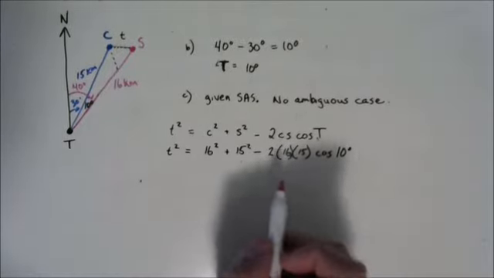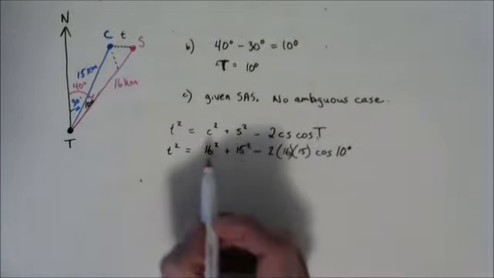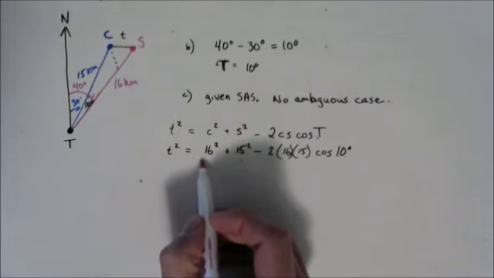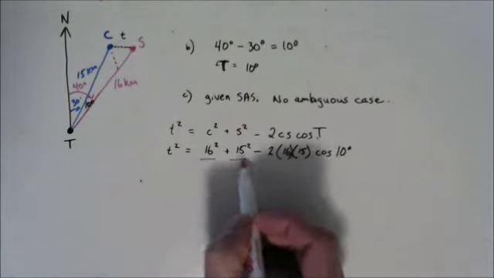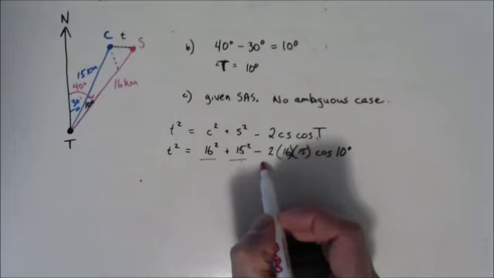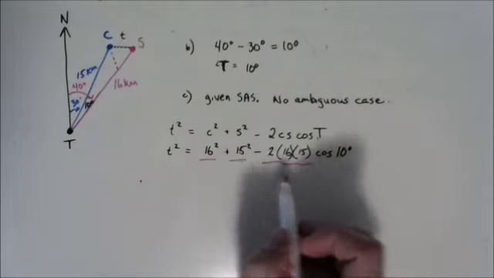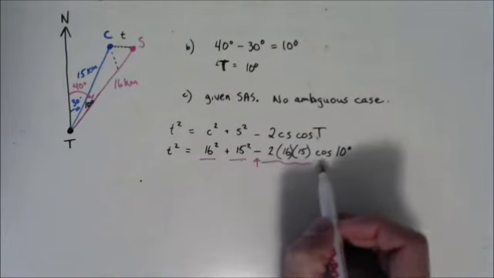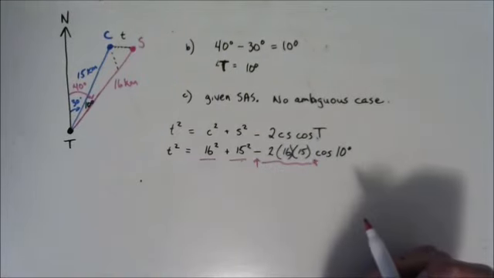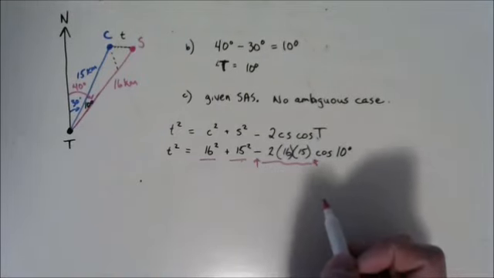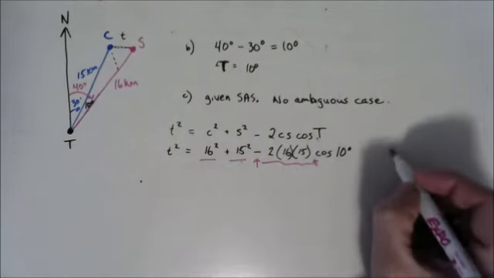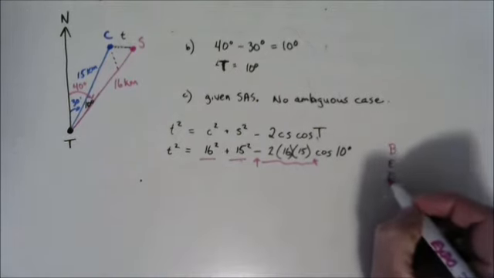One of the biggest mistakes that people make in this scenario is they'll go in the calculator and type 16 squared plus 15 squared minus this piece. If you do that, you've done subtraction before multiplication, in which case the rules of math would be very angry with you because you didn't follow BEDMAS.